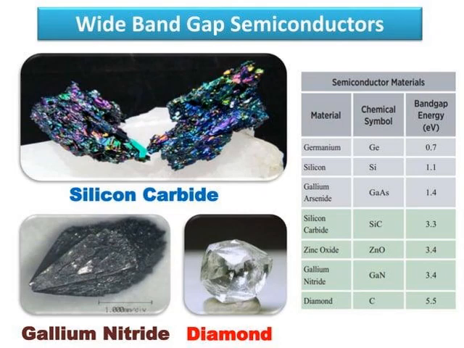So this bandgap energy should be more for a special kind of applications. This can be seen in gallium nitride, silicon carbide, zinc oxide, gallium arsenide, and diamond. These materials have very high energy bandgap, and this can be used for special applications.